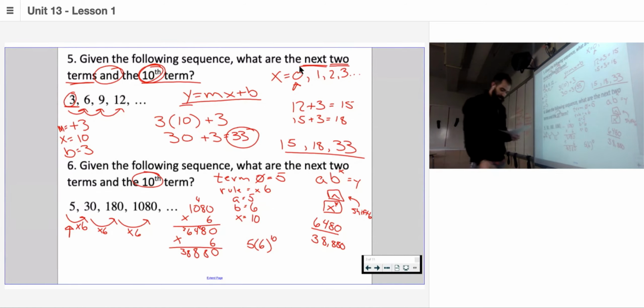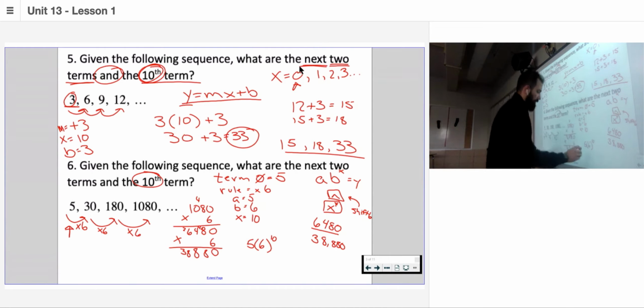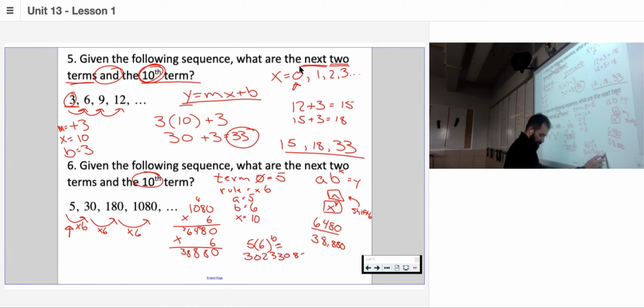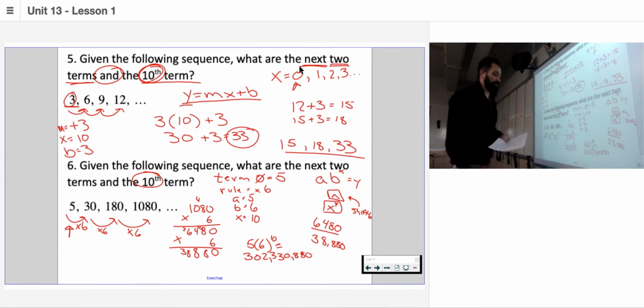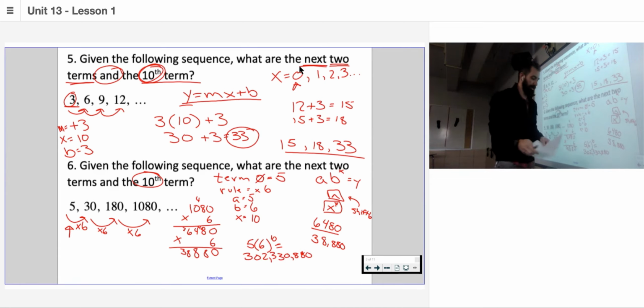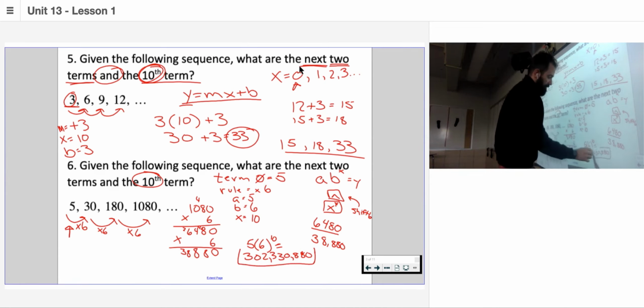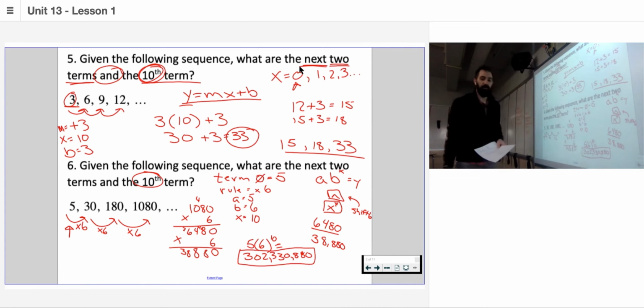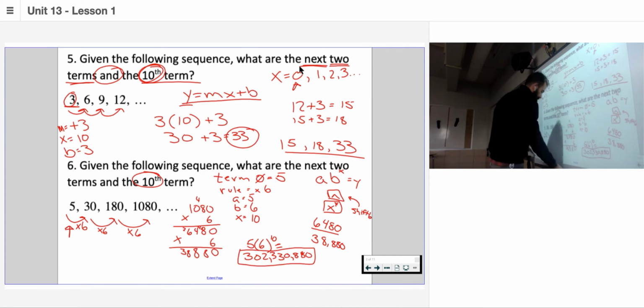If I plug that into my calculator, I get a really, really big number, and I'll write it out here for you before I read it: 302,330,880, and that would be your 10th term.